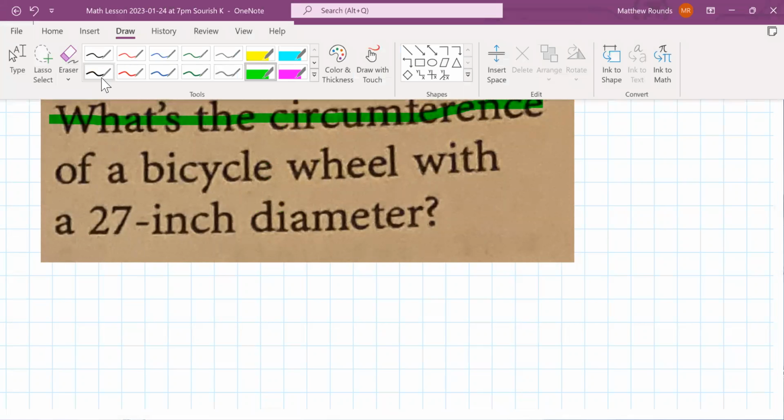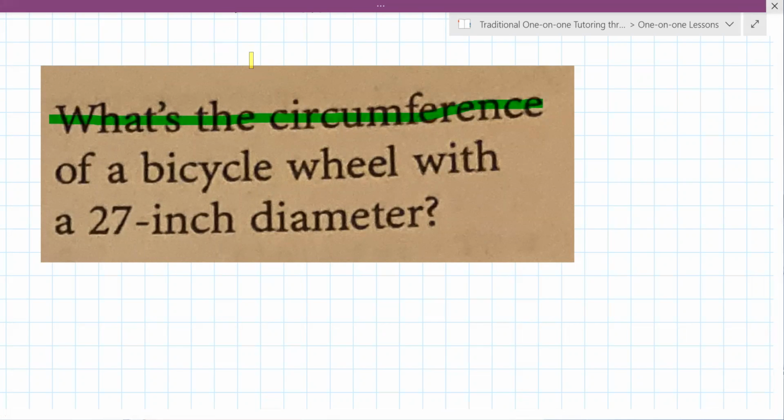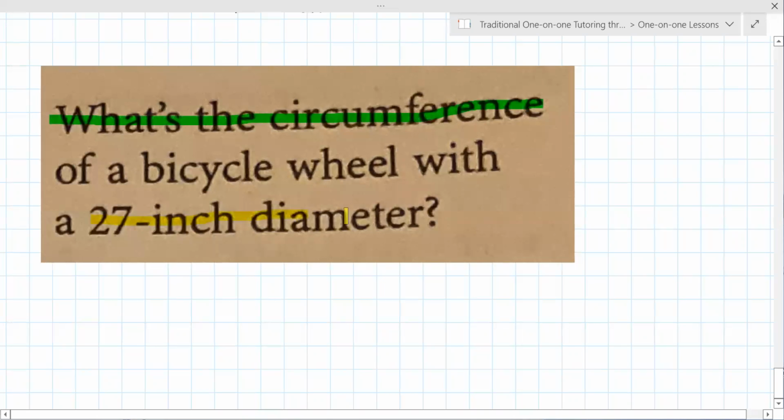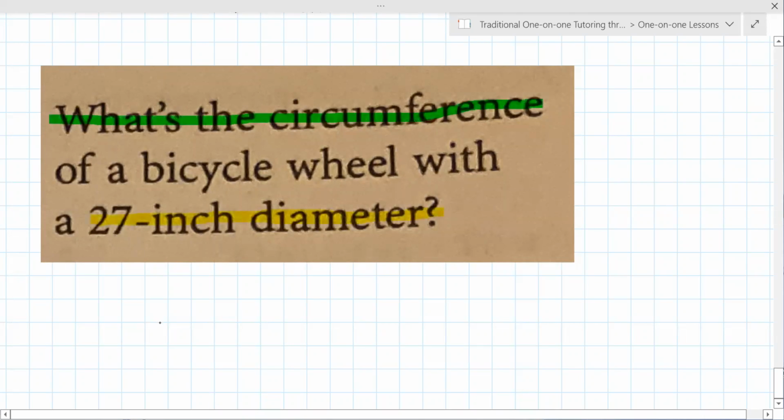Nope. Try again. What number are they giving you? What does the 27 represent in this problem? Diameter. Okay. And what are they asking for? They're asking for the circumference. Okay. So can you calculate that for us, please?